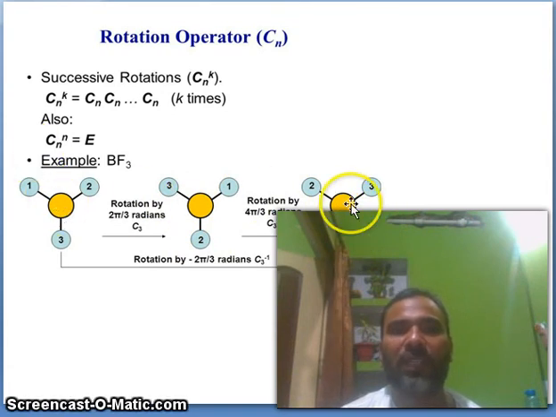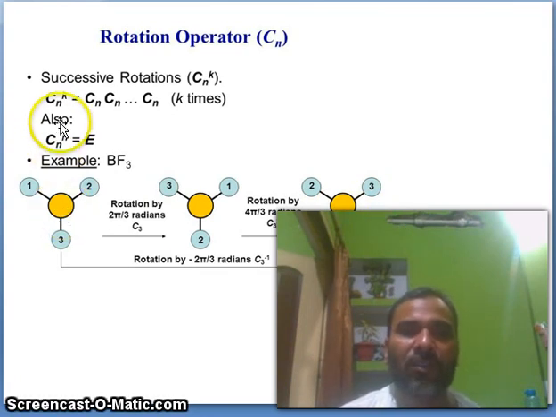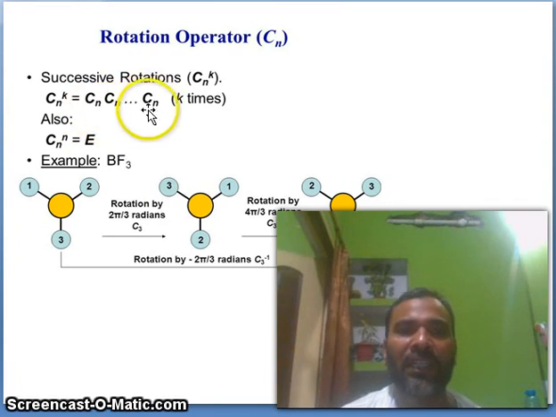So what does it mean? With successive rotations, one time will come when you will get the same molecule. So the BF3 molecule has a C3 axis of symmetry. You are rotating this molecule through 120 degrees, you are getting three indistinguishable configurations, and if you rotate further, then you will get the same one. So C_n^k, where n is the order and k is the number of times.